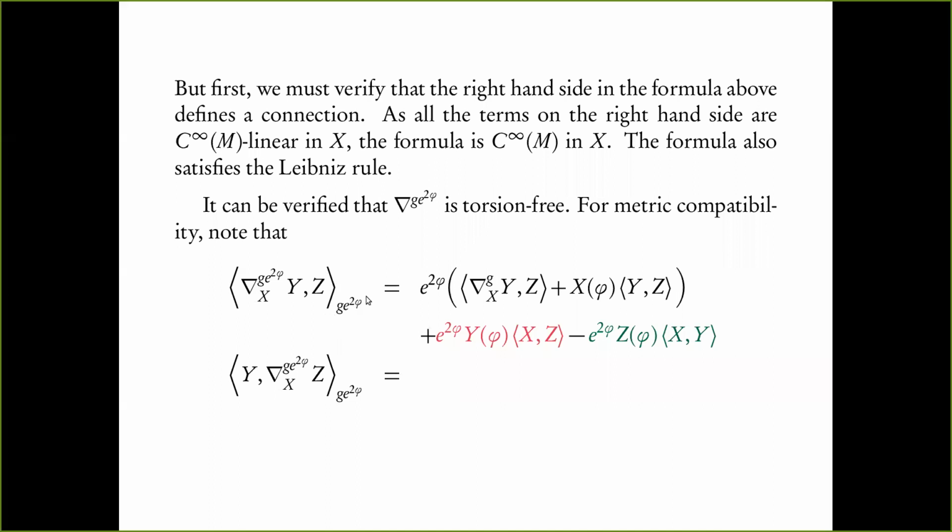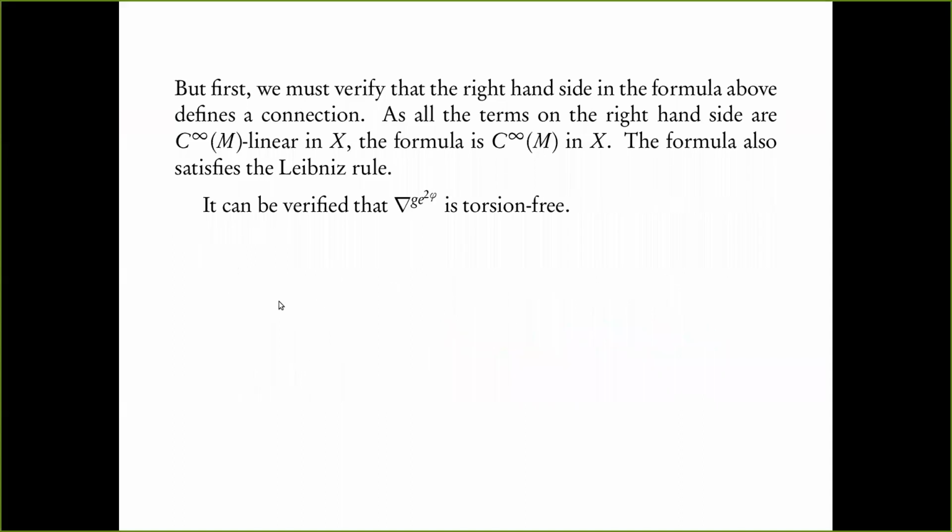But what is this quantity? Remember, this metric is nothing but e to the 2 phi times whatever you would get by the usual g. So if you calculate this quantity, let's write it out. This is going to be nabla x of e to the 2 phi g, y inner product z. And if you expand out this formula, you know what was given to you, right?